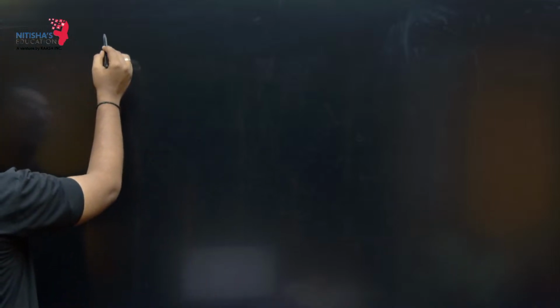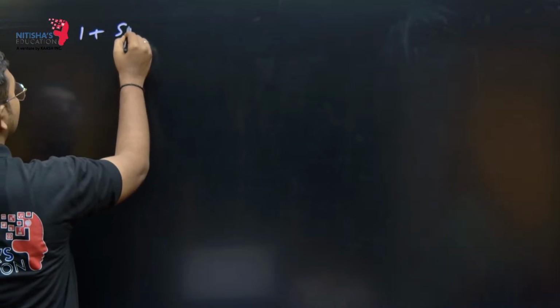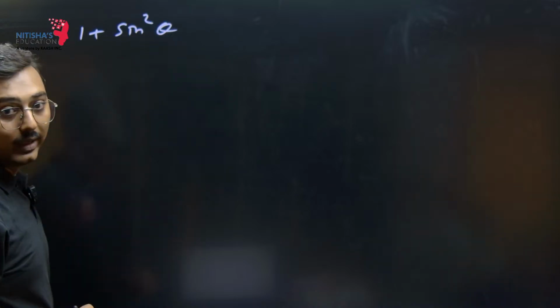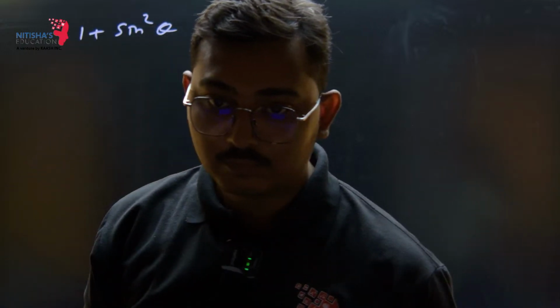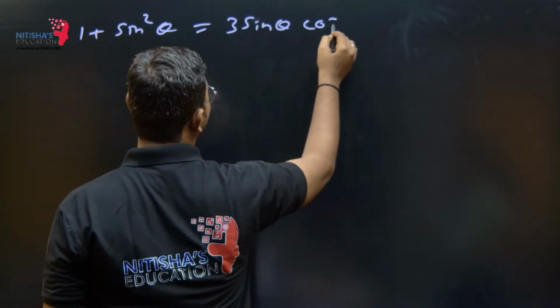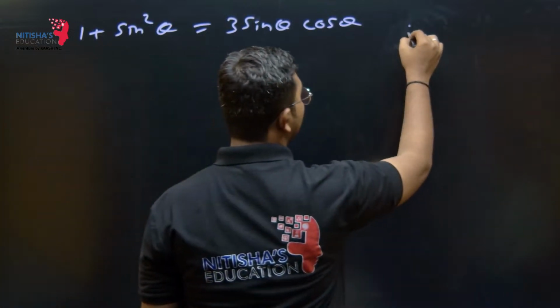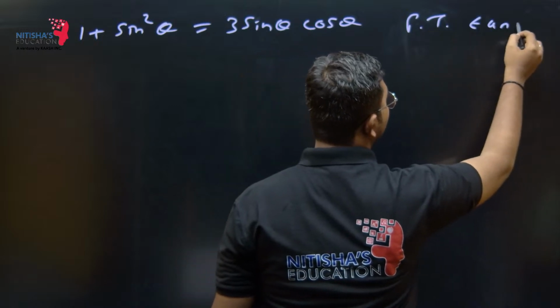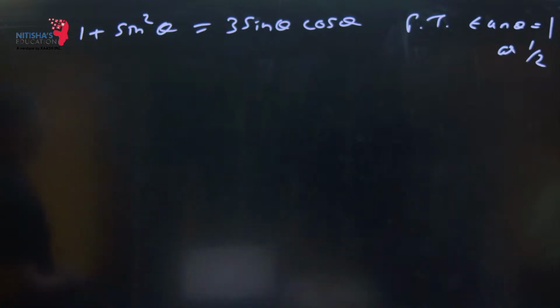What is the question? 1 plus sine square theta is equal to 3 sin theta cos theta, prove that tan theta is 1 or half. It is written tangent, but it is tan theta. Yes, tan theta.